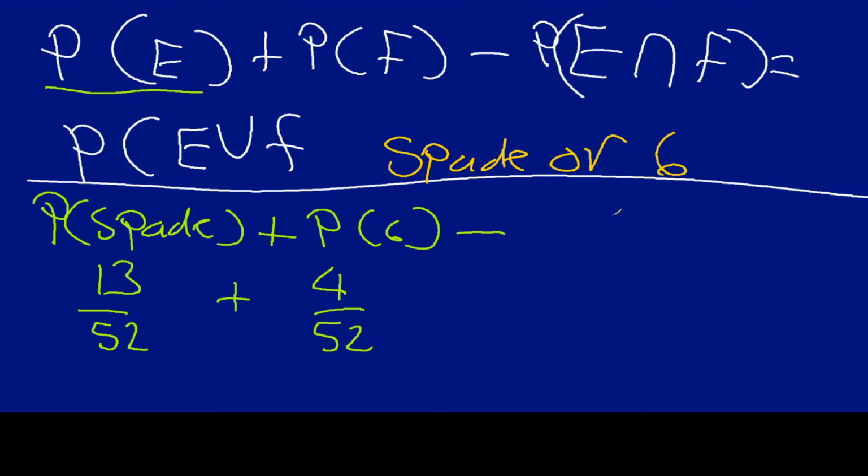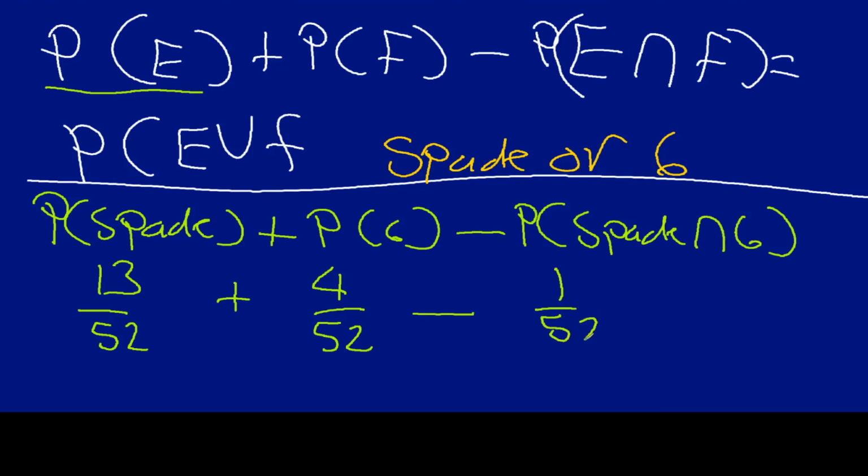Now, minus the intersection of a spade and 6. In other words, what is the probability of getting a 6 of spades? And we know there's only one of those in the entire deck. Let me write it out for you. Probability of a spade intersect 6 is going to be 1 out of 52.